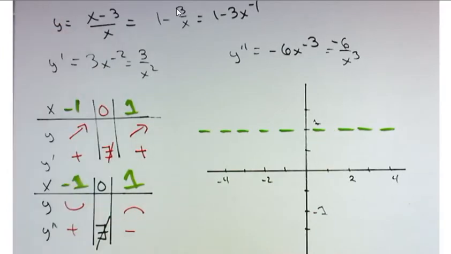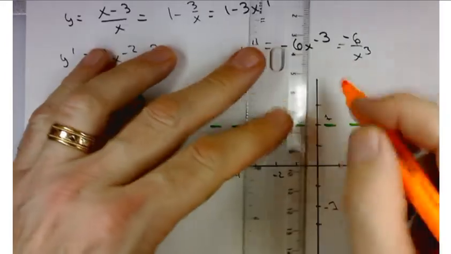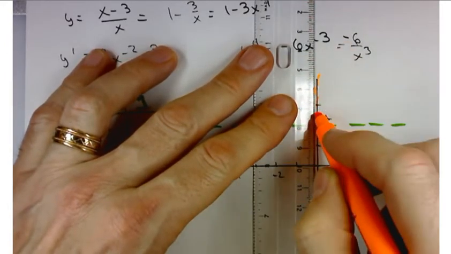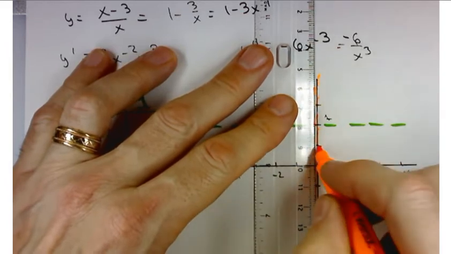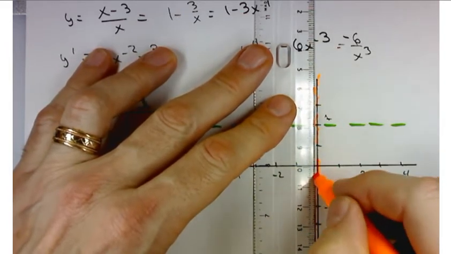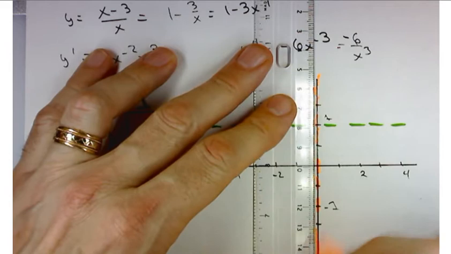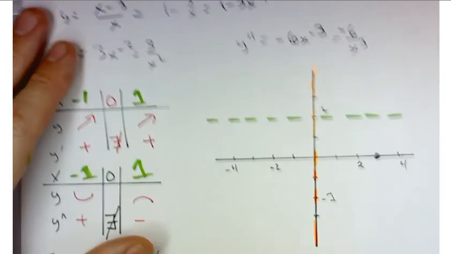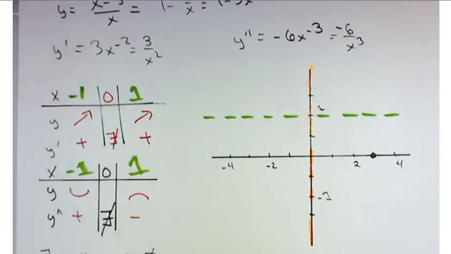We also have a vertical asymptote at x = 0. x = 0 is also known as the y-axis. We've got an x-intercept at 3, so the graph is going to come here, pass through the x-intercept.